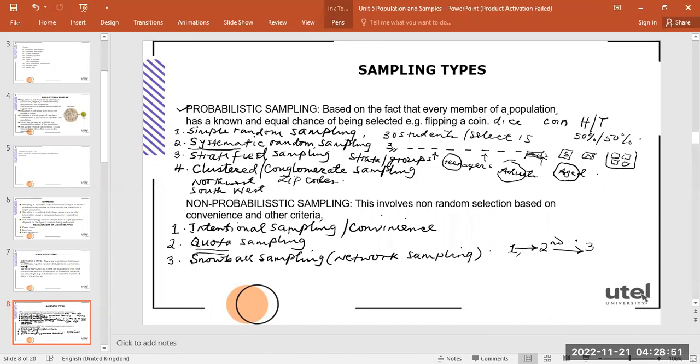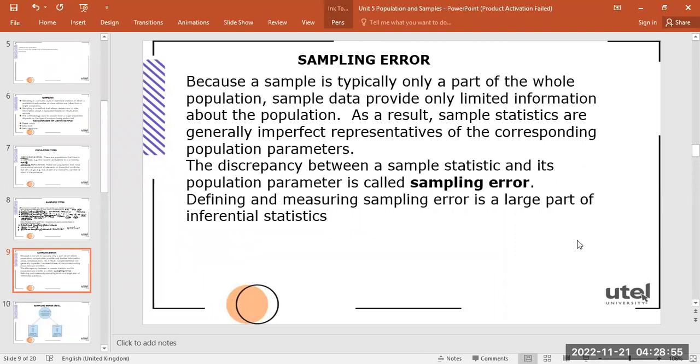Now let's make progress. Here we're going to talk about sampling error. Remember, I told you that a sample is typically only a part of the whole population. Since a sample is just a subset of your whole population, it is worth noting that sample data provides only limited information about the population.